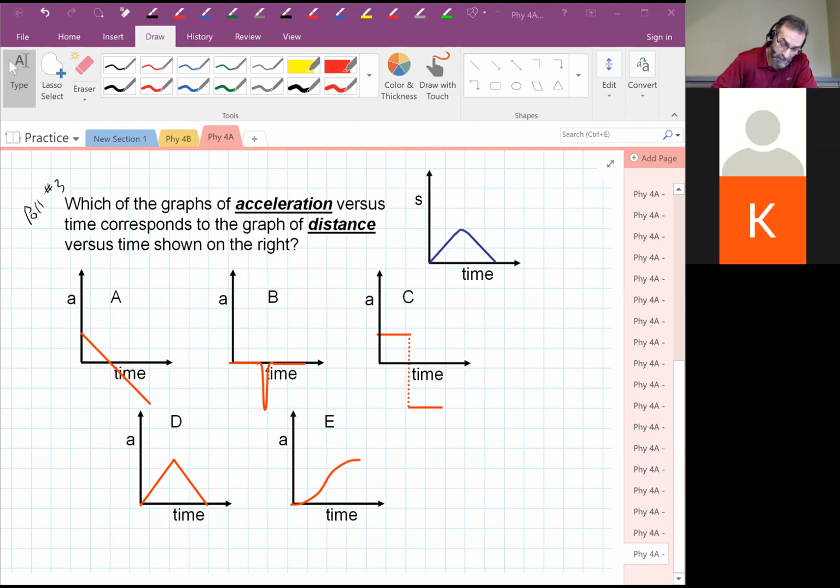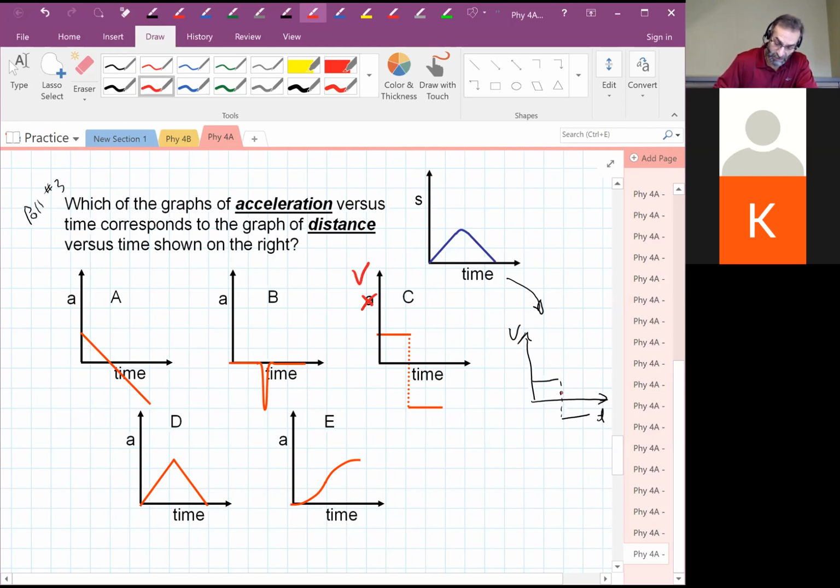If you look at this position versus time curve and you draw the velocity versus time, you're going to get a slope that is positive and constant, and then the slope is negative and constant. So you get a graph that looks like that, right? So this would not be acceleration. This would be velocity versus time.